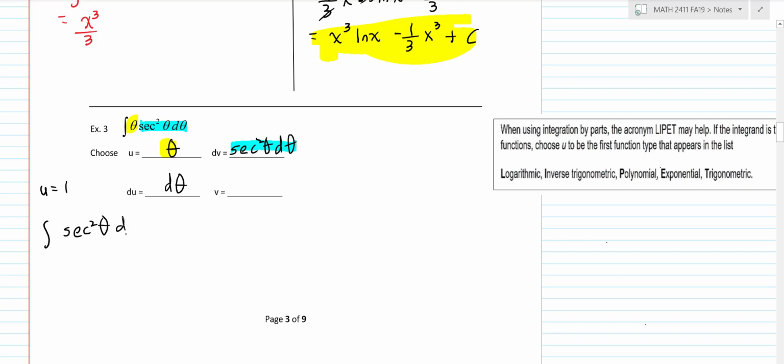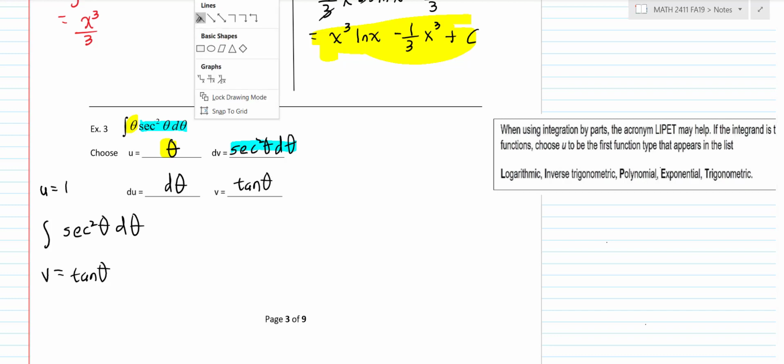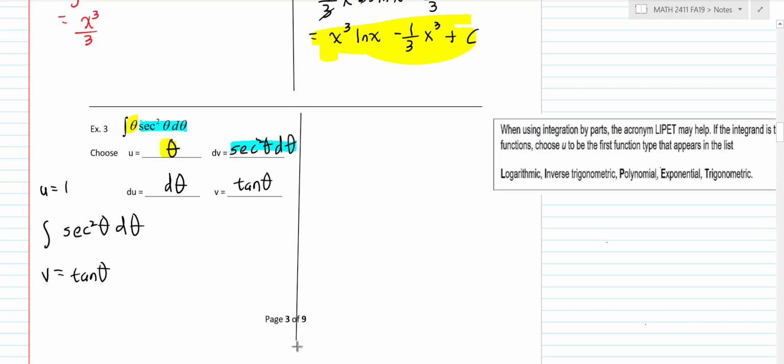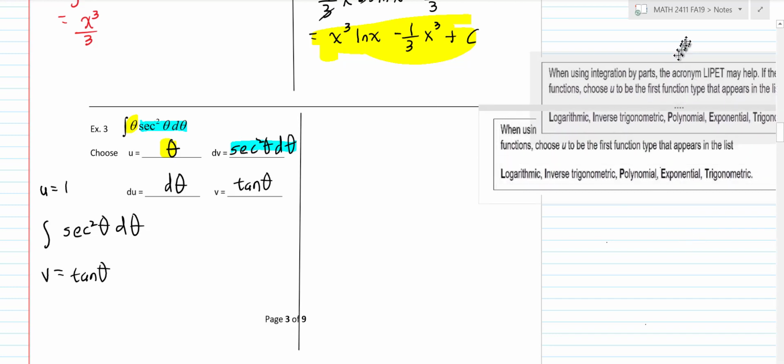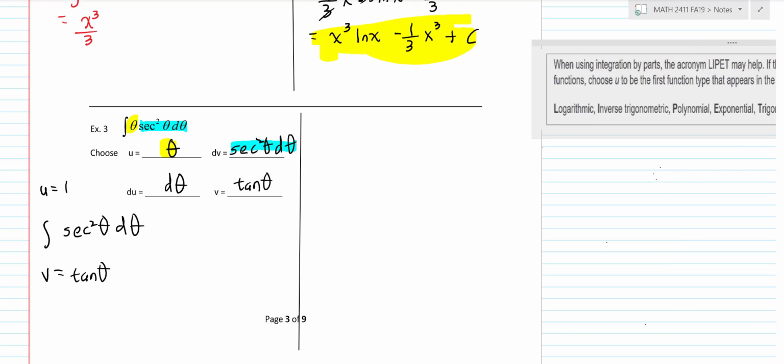That's what v is going to be. So v is just going to be the tangent of theta. All right, so we got everything put together. Now we're ready to roll with integration by parts. All right, so that would be the way to set that one up. Okay, if something jumps out at you as easy to integrate, then that's the way you want to go with it typically.